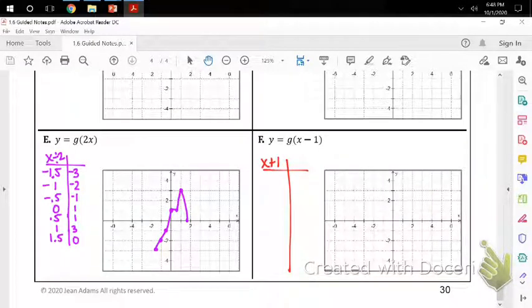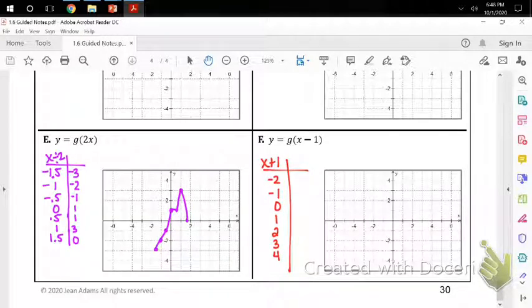So take your original x's and let's add 1 to all of them. So negative 3 plus 1, negative 2 plus 1, negative 1 plus 1, 0 plus 1, 1 plus 1, 2 plus 1, and 3 plus 1.